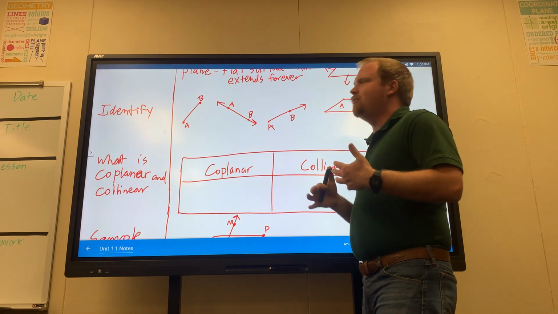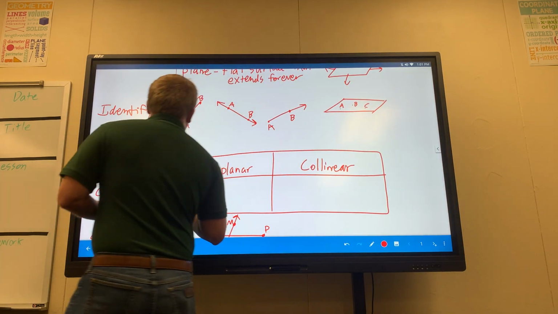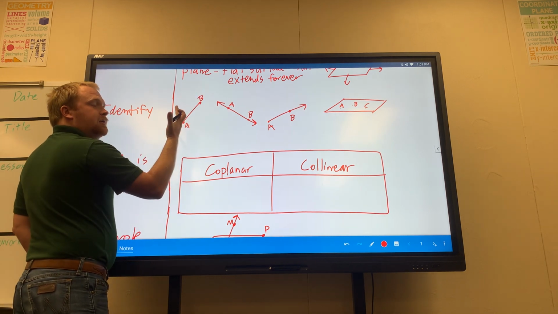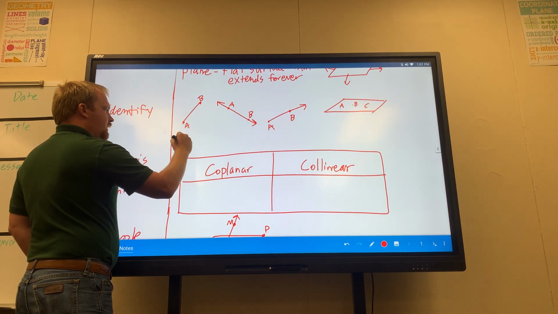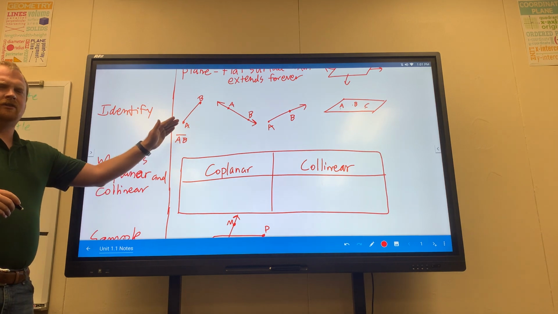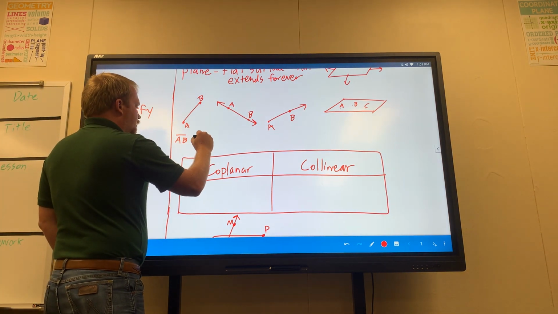So there are ways that we identify segments. For example, as far as identifying this segment, my two endpoints are A and B. So I identify it as AB with a line over it, just like that. Just a nice even line. Now, you could say BA.